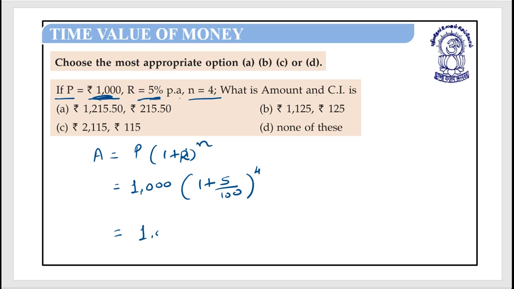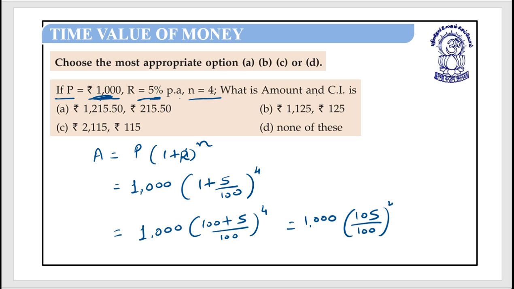So 1000, 100 plus 5 upon 100 raised to 4 is equal to 1000, 105 by 100 raised to 4 is equal to 1000, 1.05 raised to 4.